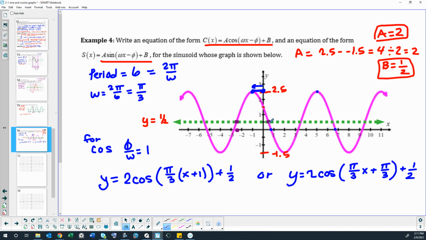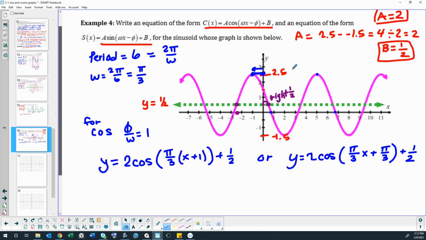So if we choose this one, I believe that's a half. That would move to the right by 1/2. Or we could do a left 2.5. It doesn't really matter, but usually we would go with smaller numbers as opposed to bigger ones. So let's do the right 1/2 option.